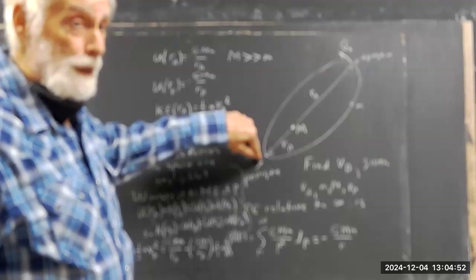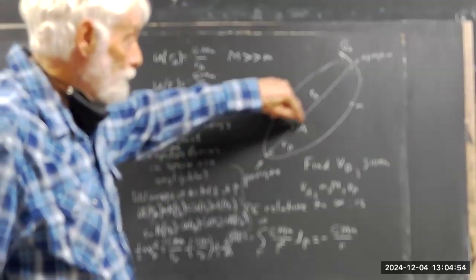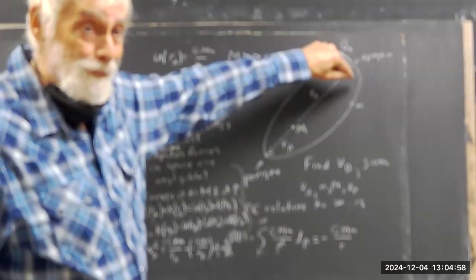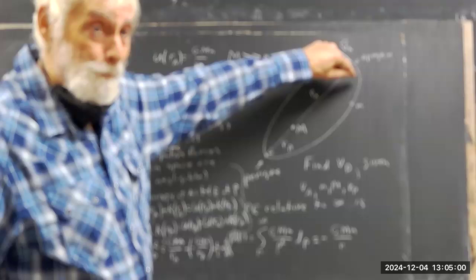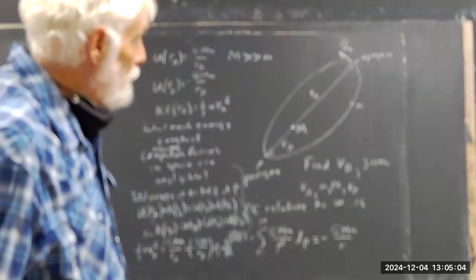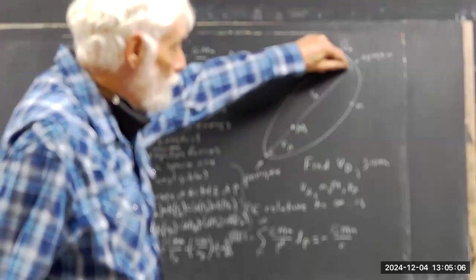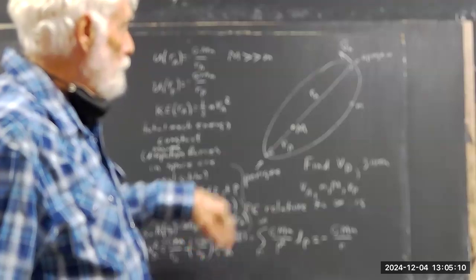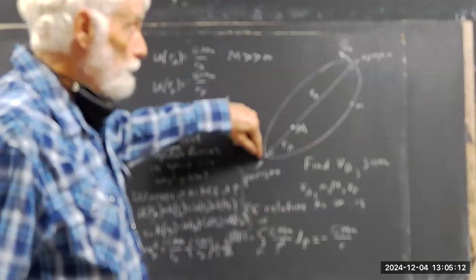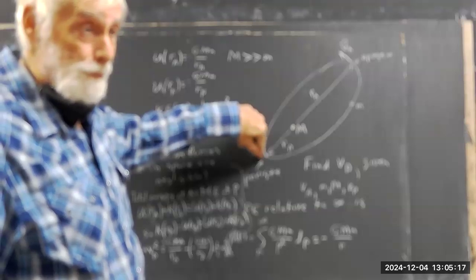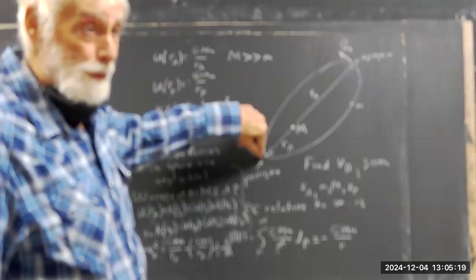Angular momentum is involved with this distance. That's like your R vector. So the further you are, the less velocity you need to have the same angular momentum you have here. Make sense?